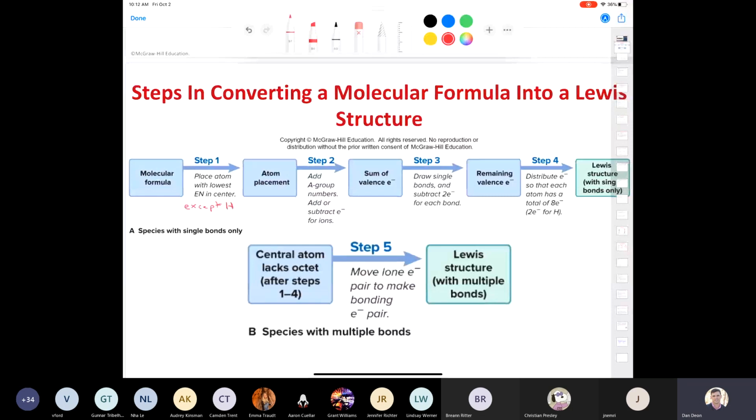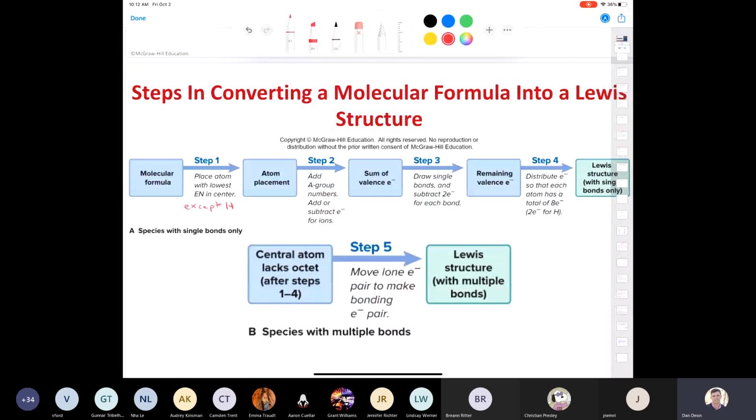The next thing is you add A group numbers. For your A group number, you add or subtract the number of electrons. So for example, oxygen is in group 6A, so you add 6 valence electrons. Hydrogen is in group 1A, you add 1 valence electron. If you have a carbon, it's in group 4A, you'd have 4 valence electrons, and so on and so forth.